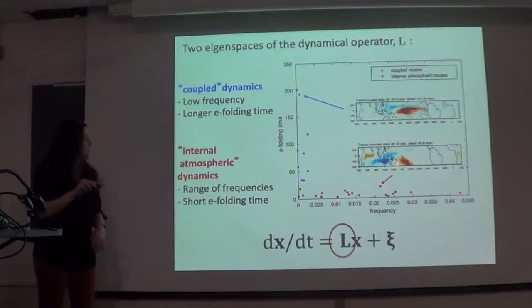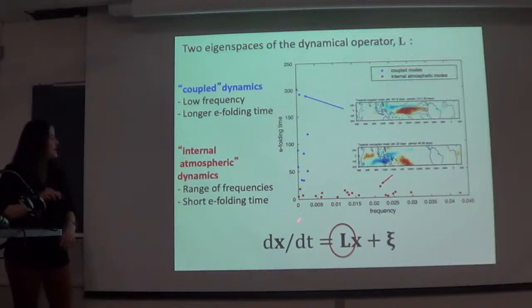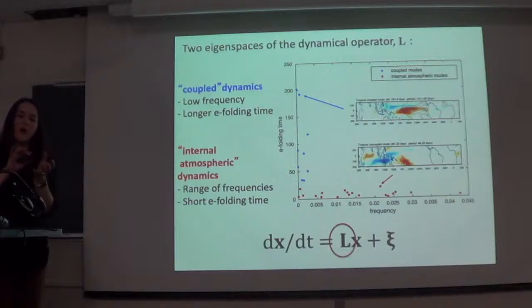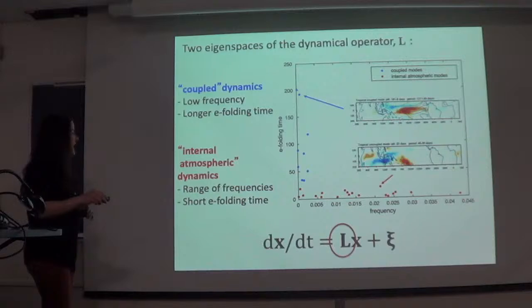This one here is the MJO mode. You can compute an E-folding time, which is the y-axis, and a frequency, which is the x-axis. Based on how strongly coupled they are to SST, you get a natural separation: the coupled modes have a high E-folding time and low frequency, whereas the internal atmospheric modes have low E-folding times and a really wide range of frequencies.